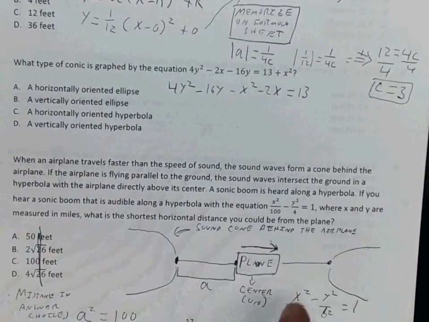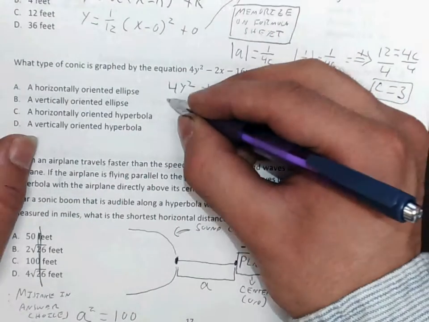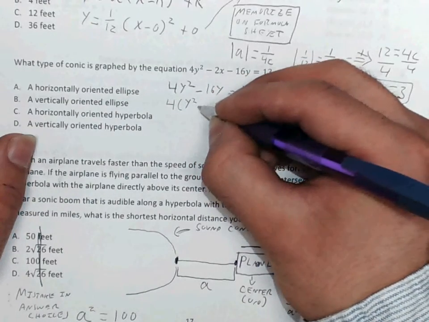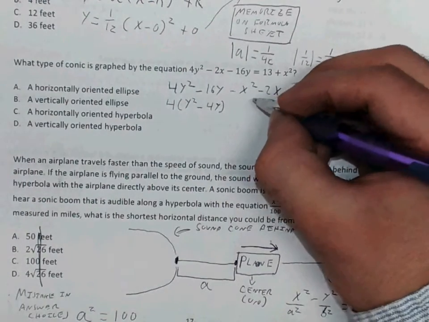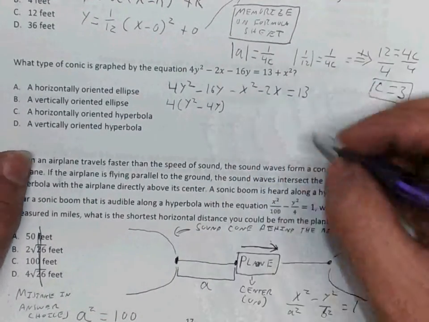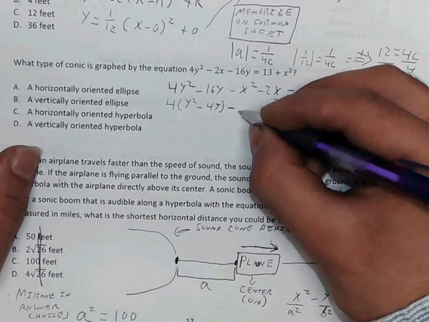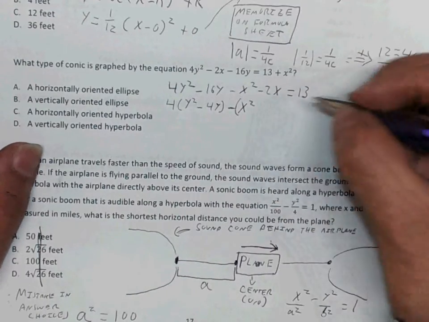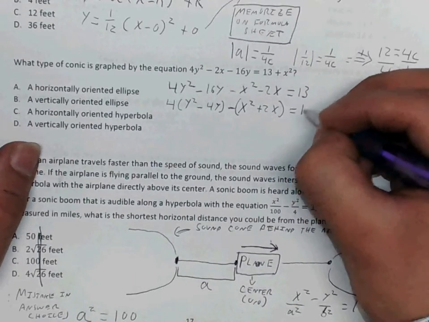Our next step, whenever we're evaluating a conic, is to factor out the leading coefficient of the squared terms. So we have 4 times y squared minus 4y, and minus x squared plus 2x, that's equal to 13.